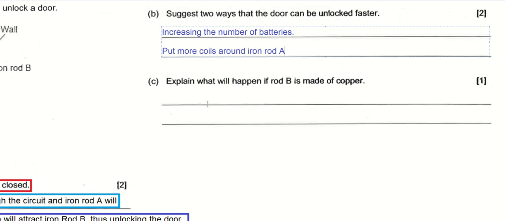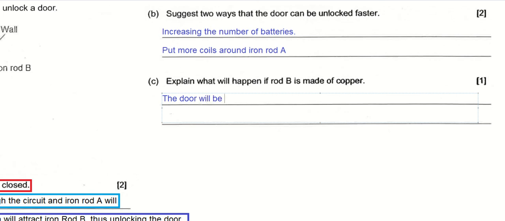Last one, explain what will happen if rod B is made of copper. If rod B is made of copper, the door will not be locked, right? Sorry, the door will not be unlocked. Will not be unlocked, or the door will be locked. Because copper, okay, that's your claim, so it's your evidence.